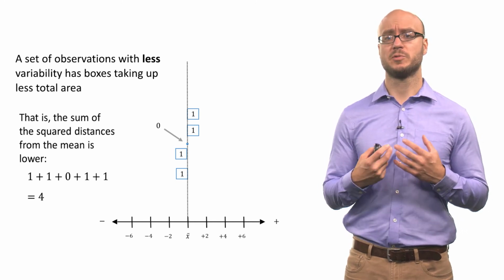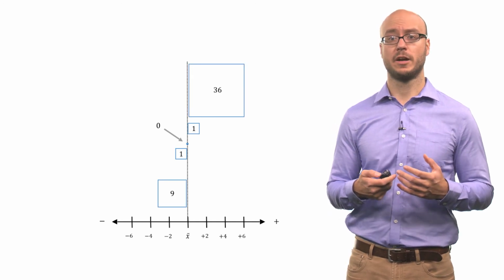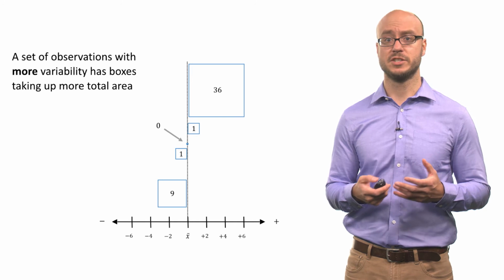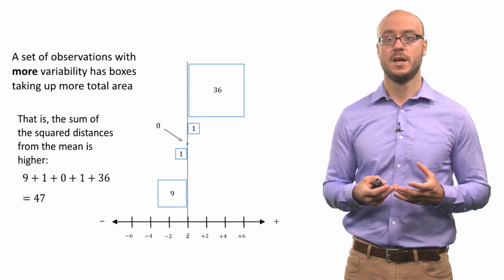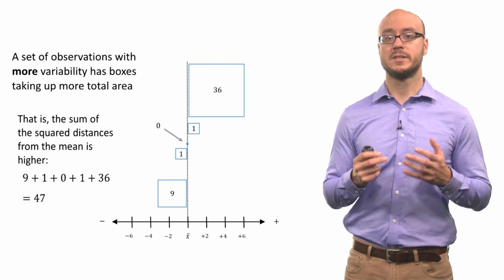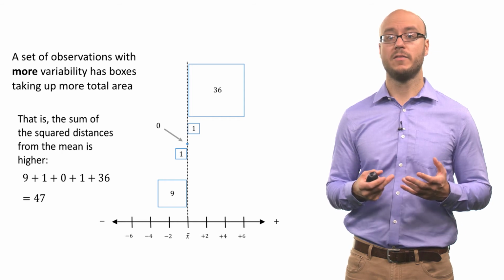A set of observations with greater variability is going to take up more area if you just look at the area of the boxes. So in this different set of observations, you have more variability. To put it another way, the sum of the squared distances from the mean is higher. So you add up the area of the boxes.